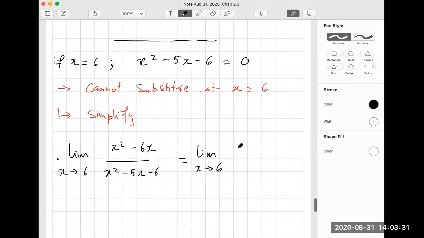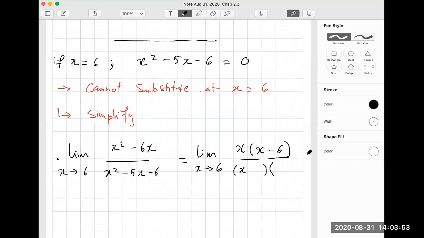Yes, it is x. So inside this parenthesis is x minus 6. In the denominator, this is a quadratic function.